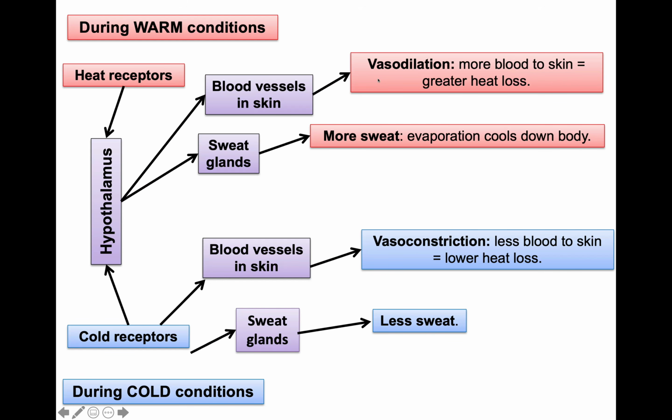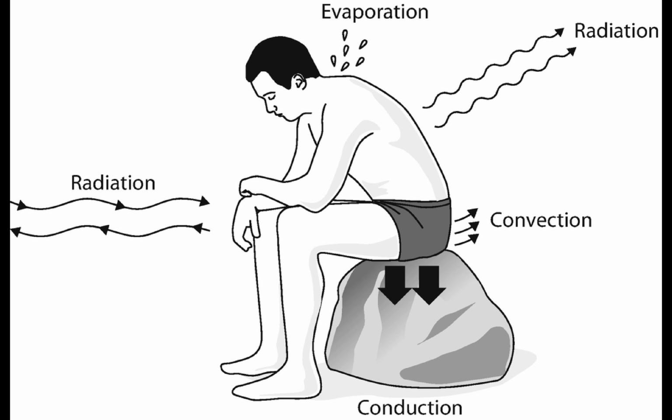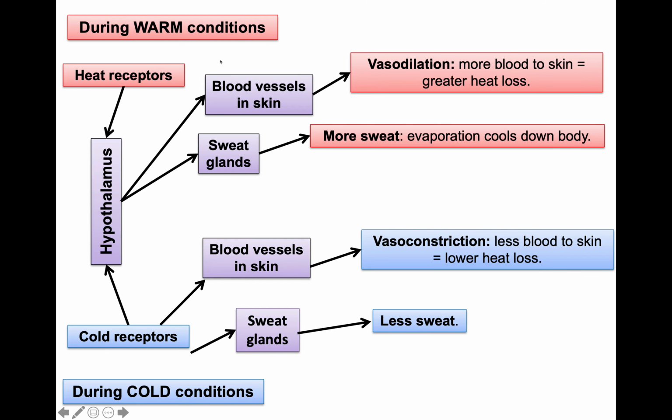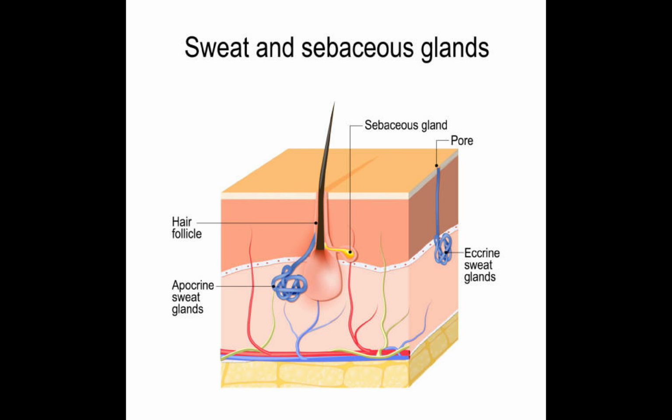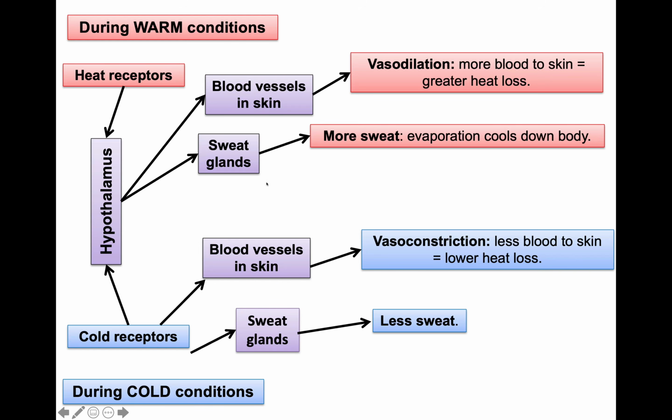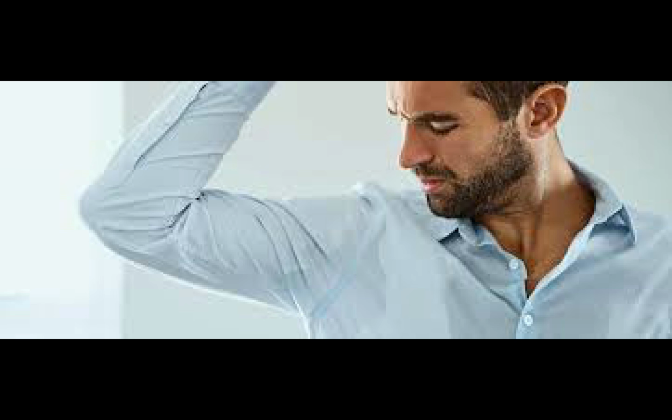So when we say that more heat is lost through the surface of the skin, how can that happen? It can happen through convection, conduction, evaporation, or radiation. At the same time, because more blood now is rushing to the skin, the sweat glands are also more stimulated now. And when they are stimulated, they release more sweat.